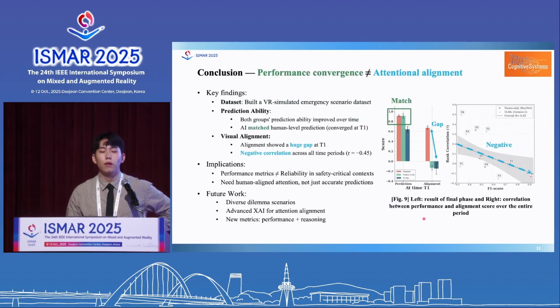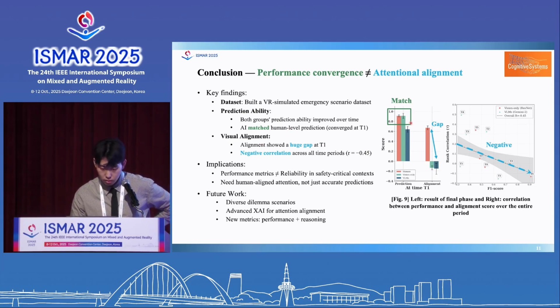So let me wrap up my findings. First, we built a VR-simulated emergency scenario dataset and used it to benchmark prediction ability and visual alignment. Second, for prediction performance, both groups' prediction ability improved over time, and the AI matched the human level.